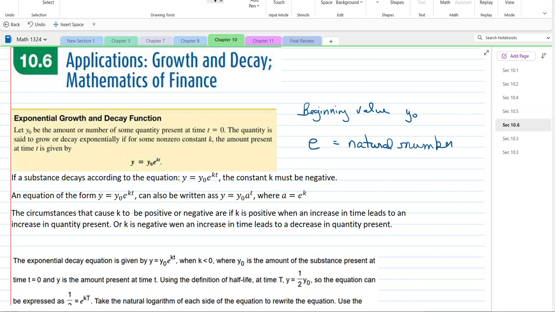If the substance decays according to the equation y equals y sub o e to the kt, then a equals e to the k. The sign of k is positive or negative: k is positive when an increase in time leads to an increase in quantity, or k is negative when an increase in time leads to a decrease in quantity. So if we have a negative k, it is a decrease. If we have a positive k, it is an increase.